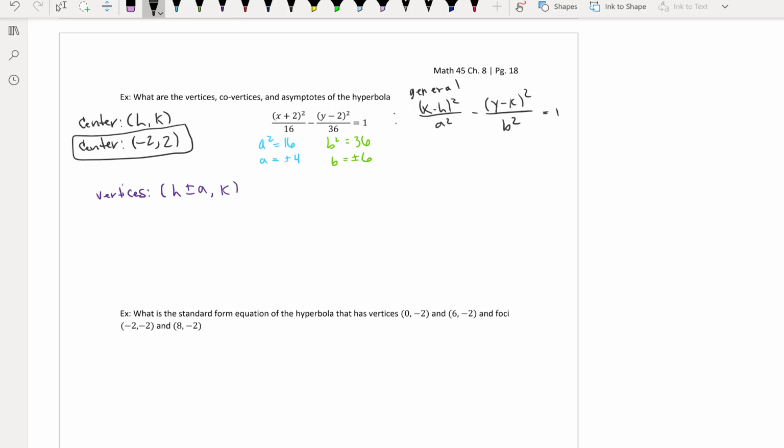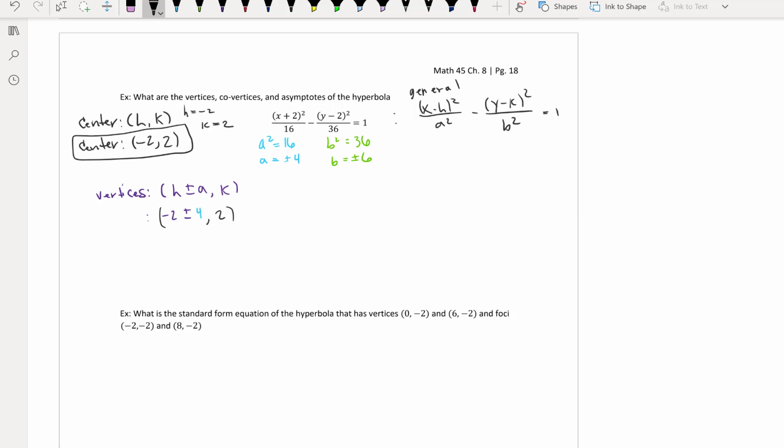And this is why I really wanted to identify what my h and my k value are. So really, h value is equal to -2, and k value is equal to +2. So if I were to plug these in, my h value is -2, and then my a value is going to be 4, and my k value is +2.